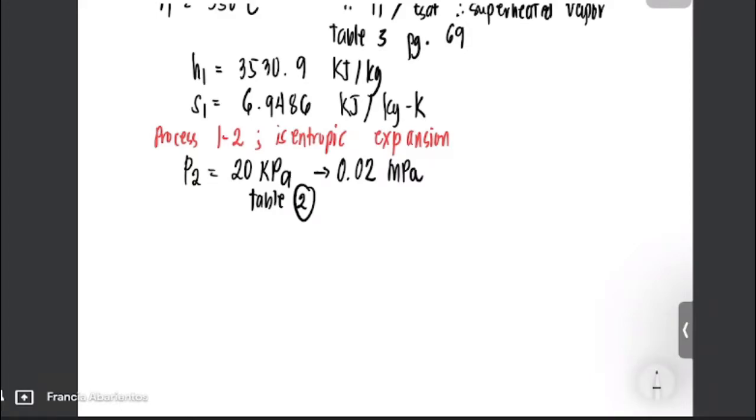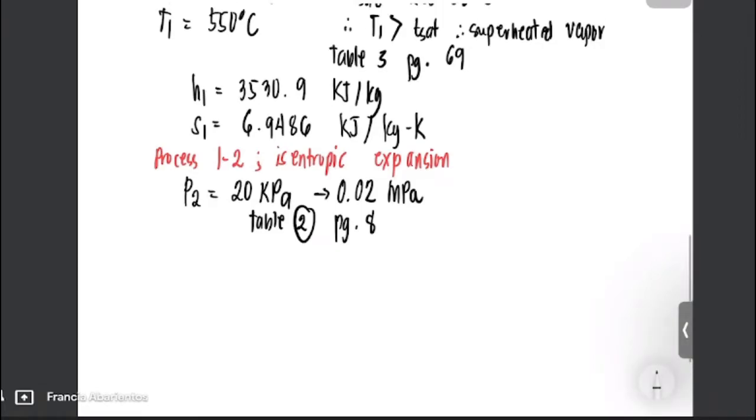Page 8. Tama ba? Page 8. Ayan. Tama, class. Page 8. So, we proceed. We have now the pressure at 0.02 MPa.